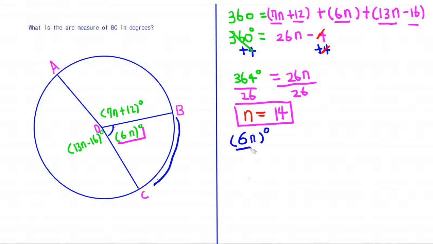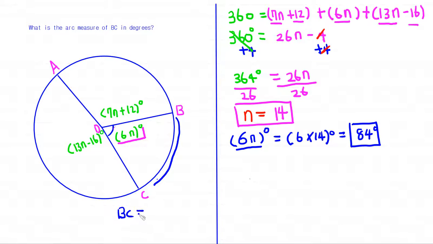But if we replace n with 14, it is equal to 6 times 14 degrees, which ends up as 84 degrees. And this is our answer for the arc measure BC in degrees. So I'll write it down. BC is equal to 84 degrees.